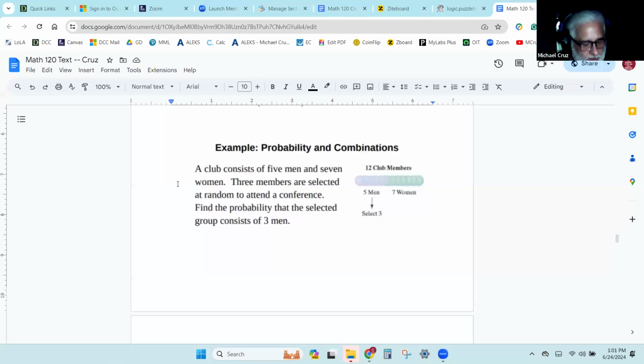This often happens with teachers. They try to get us to go to conferences and stuff. And so we want to pick 3 people out of these 12 to go to the conference. Now, what we want to find out is not how many, but we want to find the probability that the selected group consists of 3 men.